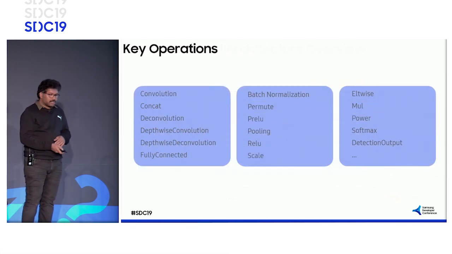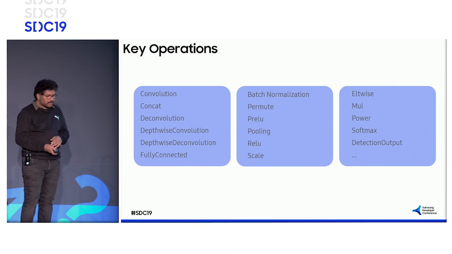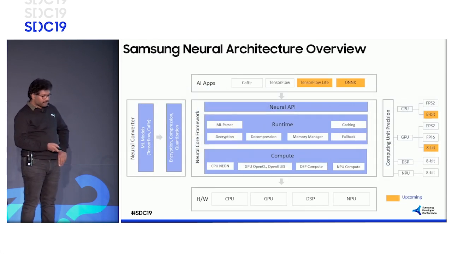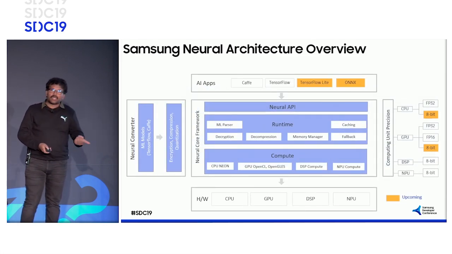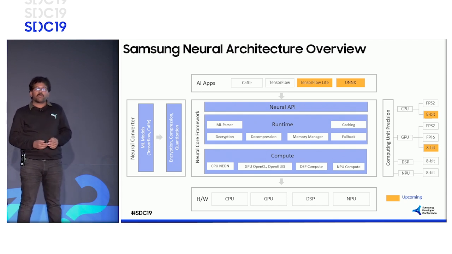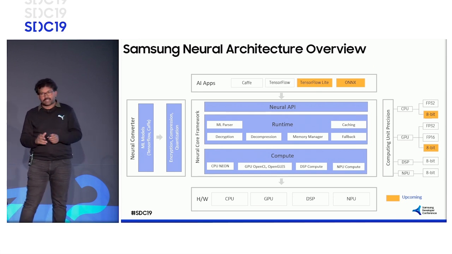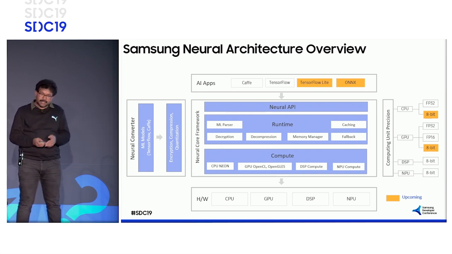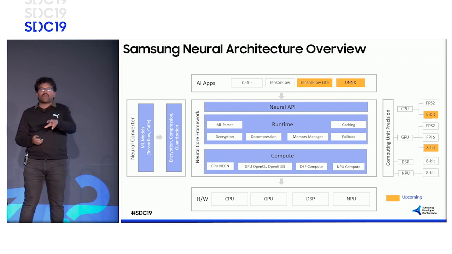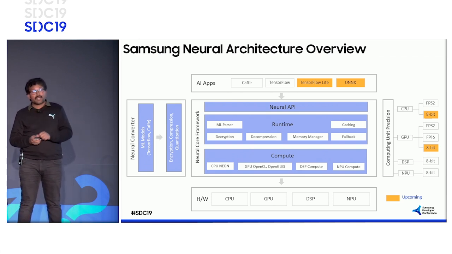Let me start with the neural converter. The neural converter was introduced to convert DNN models between ML frameworks, which means you can train on one ML framework and deploy on another one.